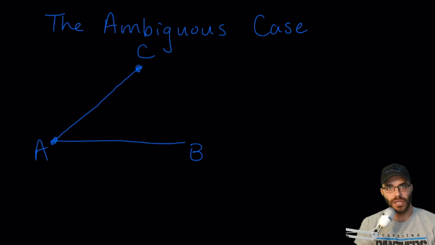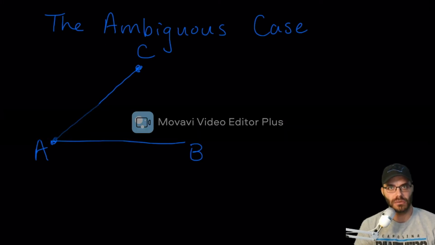The height of a triangle is always perpendicular to a side of that triangle, known as the base, right? So the height of a triangle and the base of a triangle are always perpendicular.